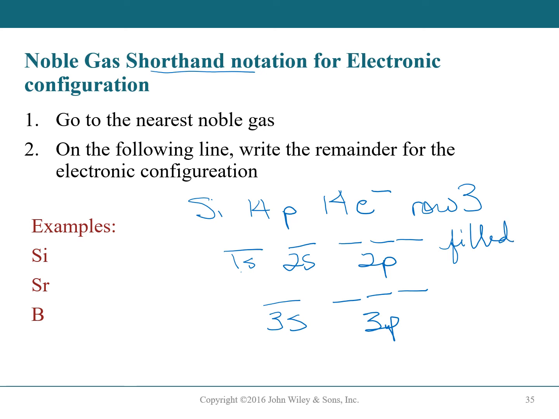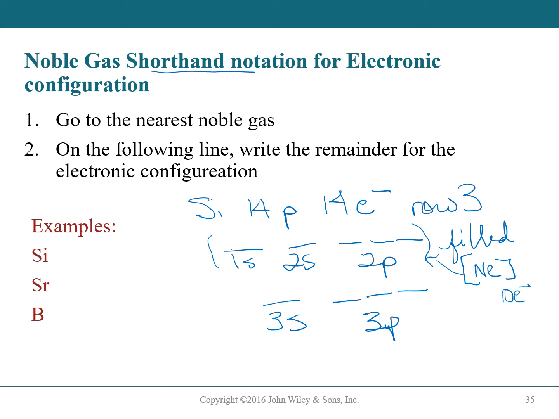Well, if I have these completely filled, then if I only look at this part with all my electrons paired, this is the same as saying it looks like neon. So what we can do with the noble gas configuration is start with neon and then go to row 3 where silicon is. And now I can just do the remainder. Neon has 10 protons, so up to neon, I've used up 10 of my electrons.